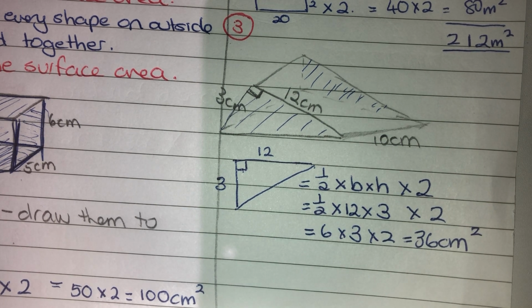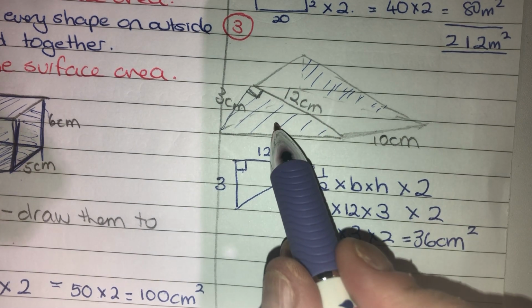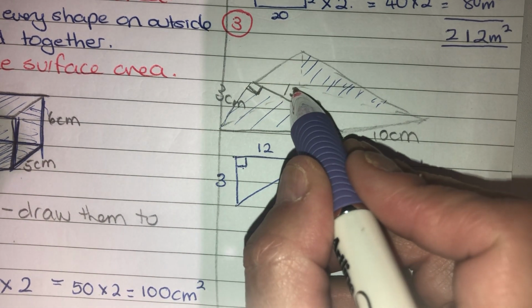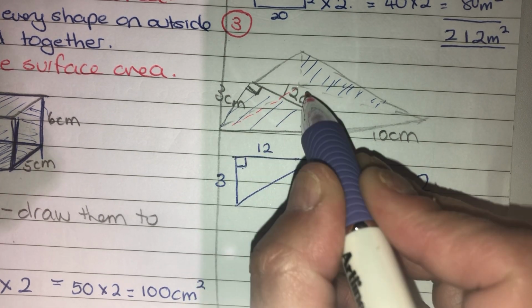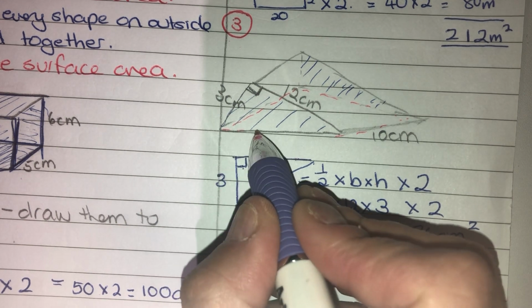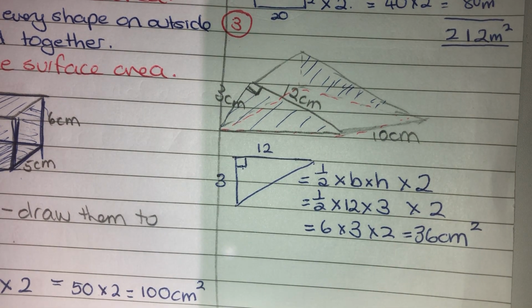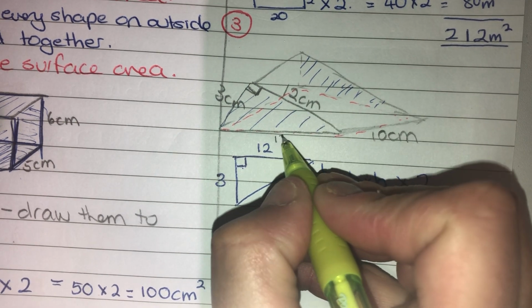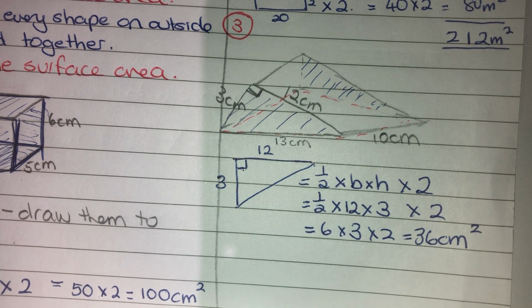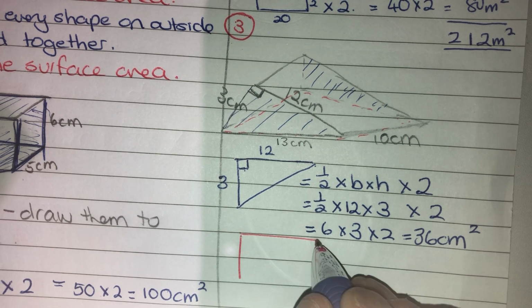Now, you need to think about what it is that you found, okay? You found this and this. So now we're going to go along the bottom. And it does get a bit hard. Oh, you know what's missing here for you guys? You need to know what this is. This is 13 centimetres. All right, so along the bottom is a big rectangle.